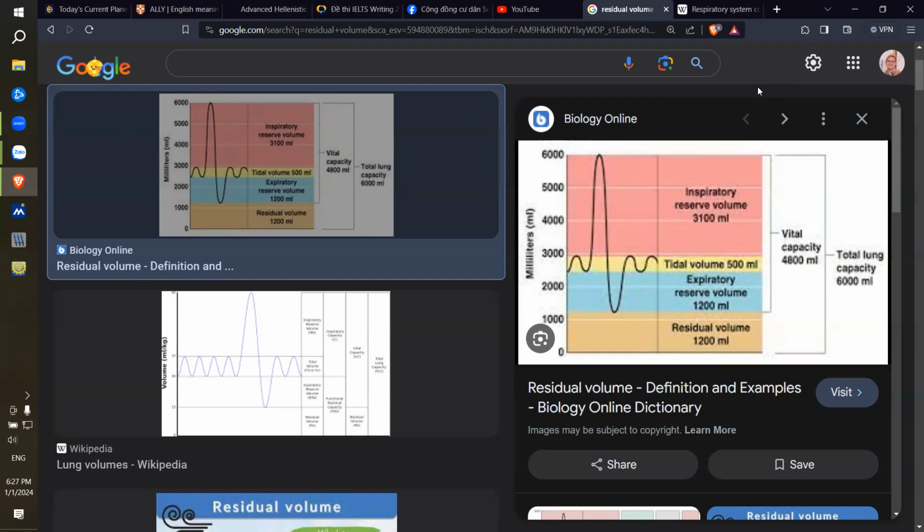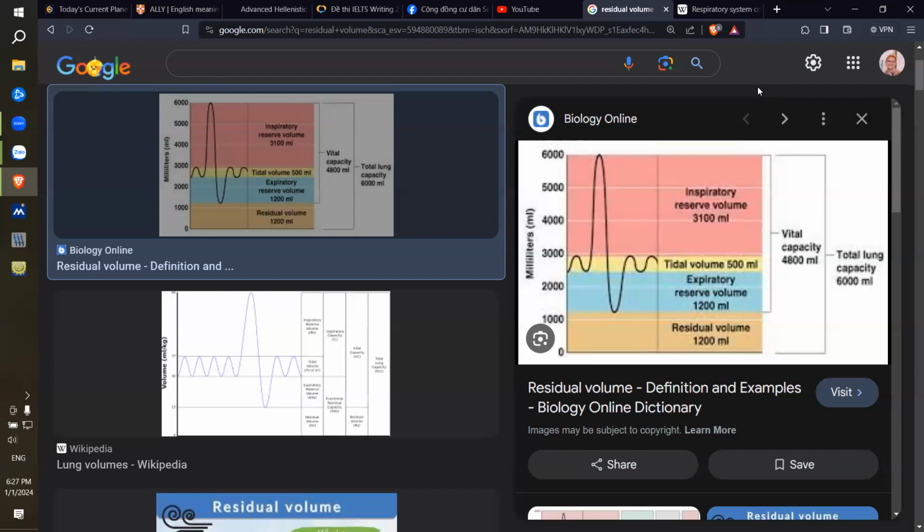So to talk about how the tobacco smoke affects the alveoli, let's talk about the alveoli first. Alveolar is the adjective form.